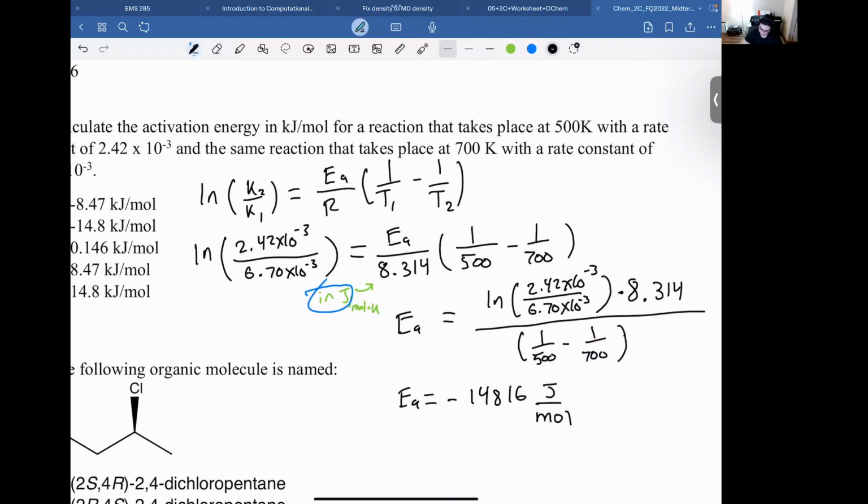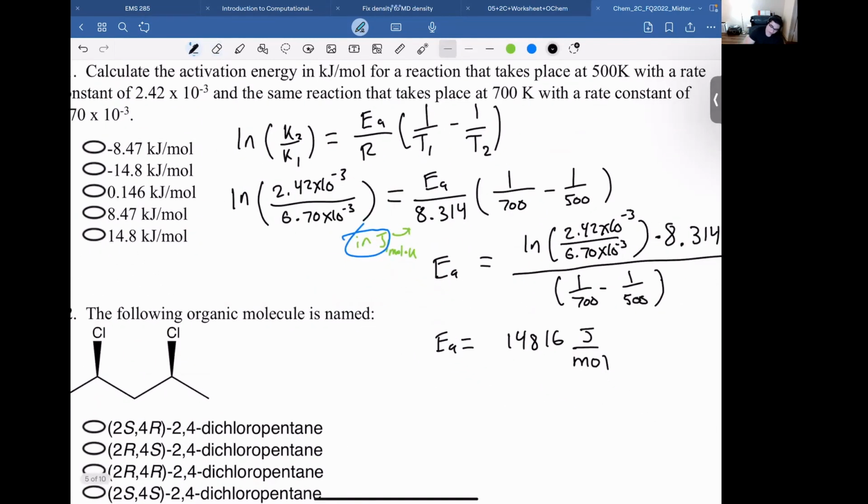T1, T2 by the equation sheet. So then these are actually back swapped. My apologies. And then all that does is change the sign to a positive. So this is in joules. You convert this to kilojoules, and you get a positive 14.8 kilojoules per mole.